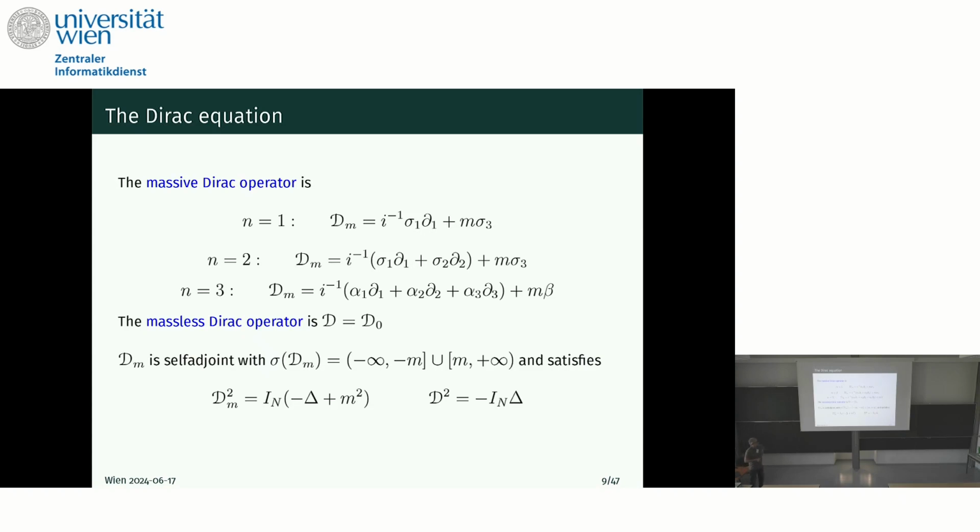The spectrum of D_m has a gap, and it is not bounded from below, unfortunately. You can sum up the anti-commutation relations by saying that if you take the square of the Dirac operator, you get a diagonal operator made of Laplacians, or of Laplacians plus m squared. This is the situation.